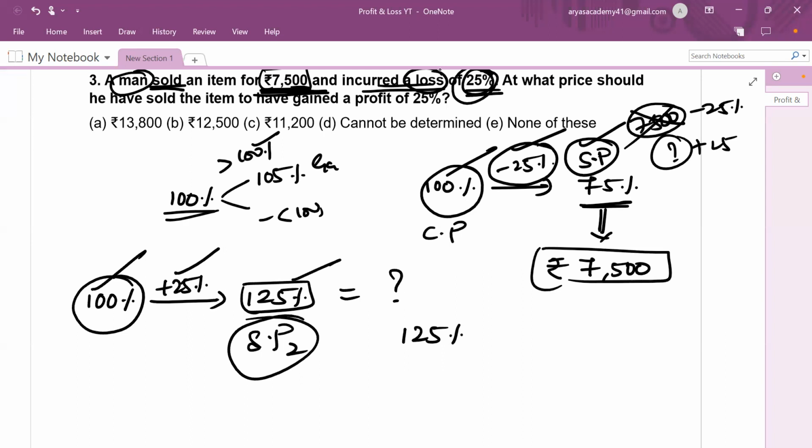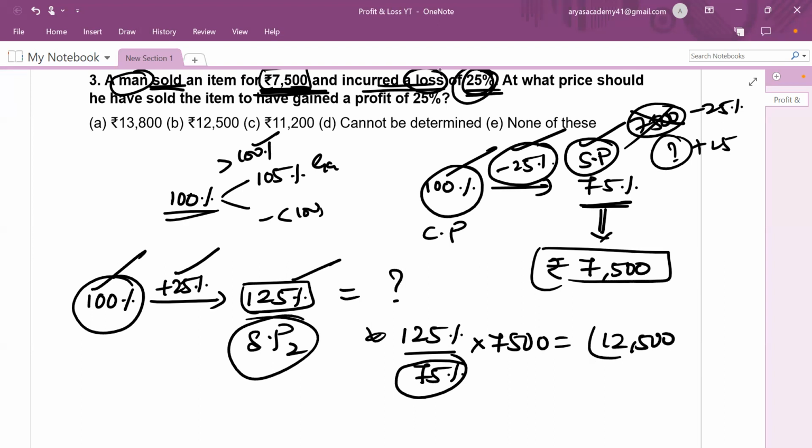You know 75% is 7,500 rupees. If you know proper calculations, without even writing all these things, you can easily say it is 12,500. If 75% is 7,500, obviously 125% will be 12,500. If you want, you can solve it also.